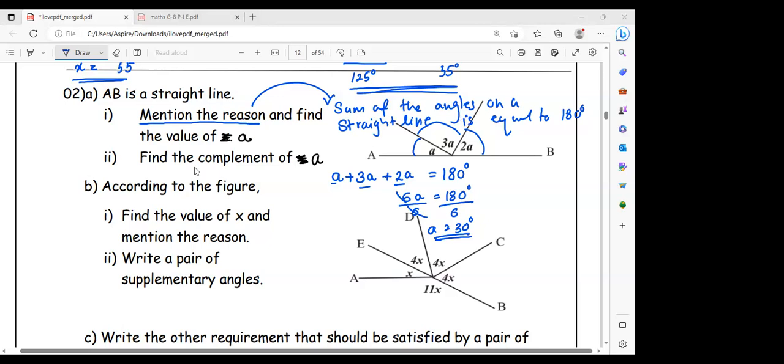Then find the complement of A. How do we find the complement of A? Can you tell me how we find the complement of A? Yes, your answer is correct.